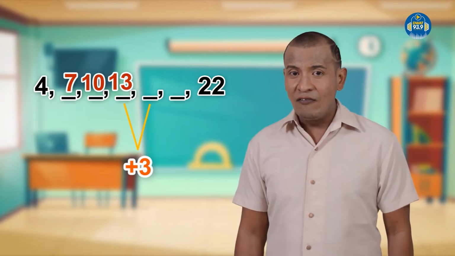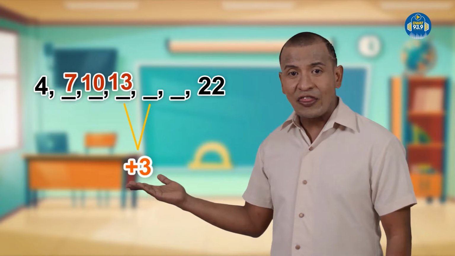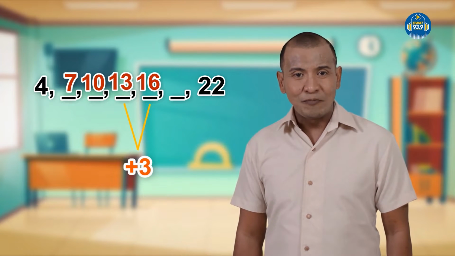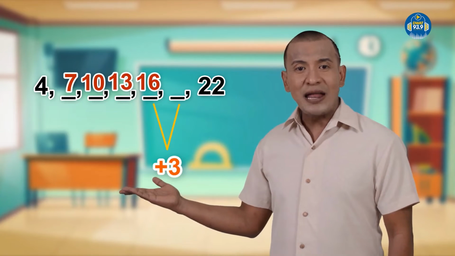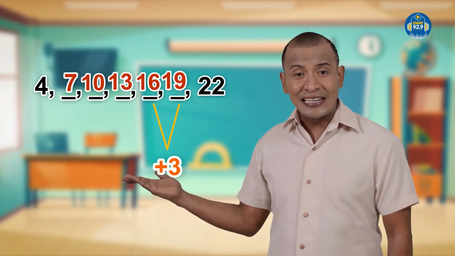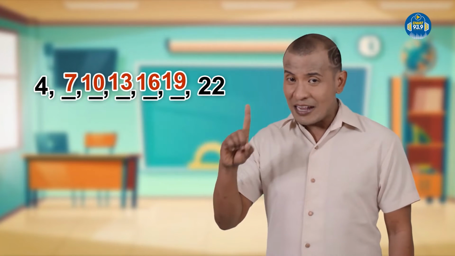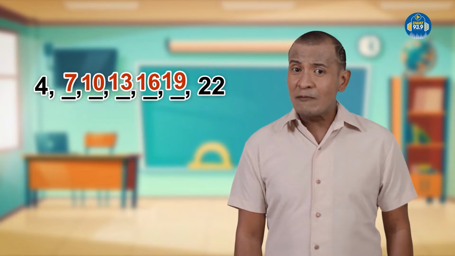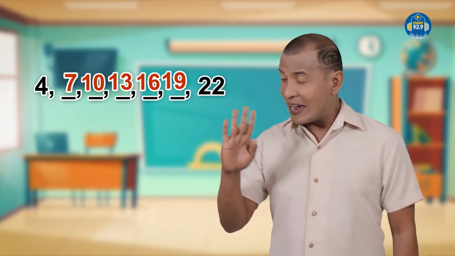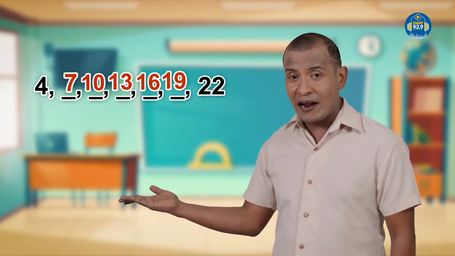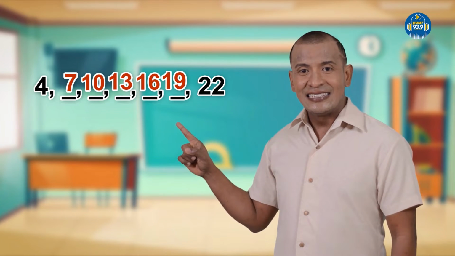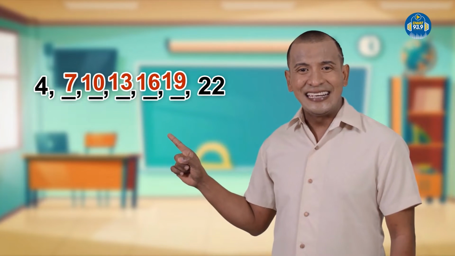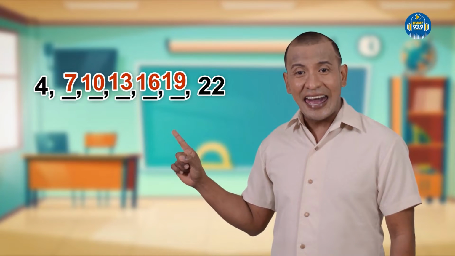Continuing, we have 13 plus 3 equals 16. 16 plus 3 equals 19. This therefore implies that the 5 arithmetic means between 4 and 22 are 7, 10, 13, 16, and 19.